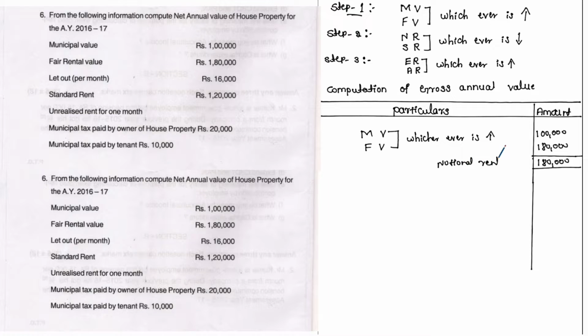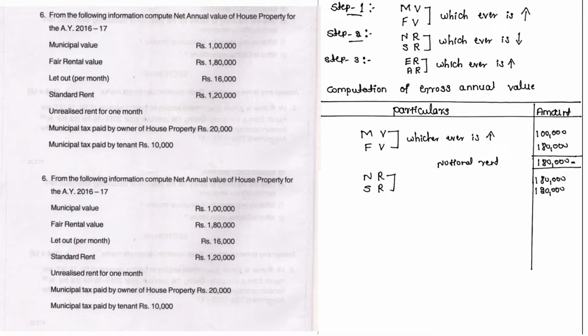Step number 2, notional rent, 1,80,000 we identified already, or standard rent given in the problem 1,20,000.